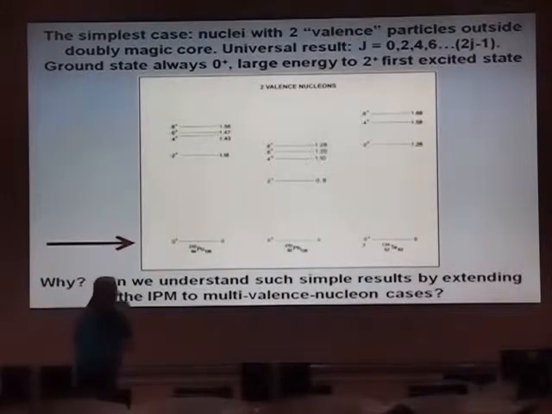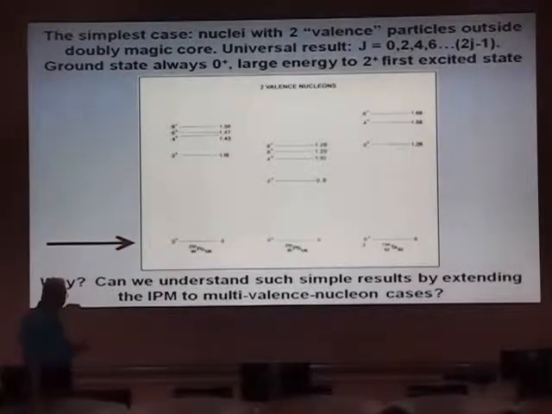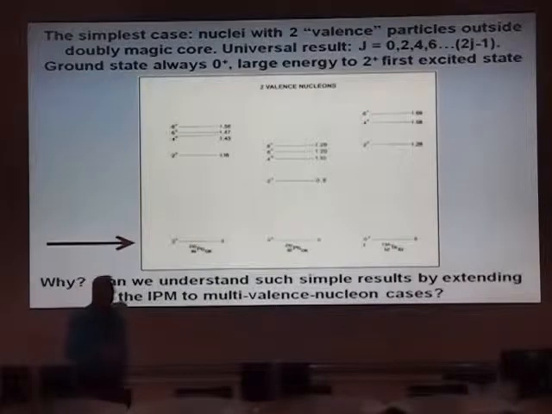Here's tellurium-134 with 82 neutrons, magic, and 52 protons, 50 is magic, so it has 2 protons. They all have the same kind of level schemes: ground state 0 plus, big jump to 2 plus, smaller jumps to 4, 6, and so on. So that's what we want to understand.